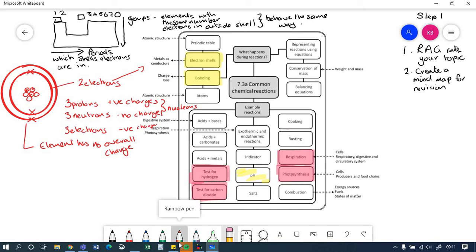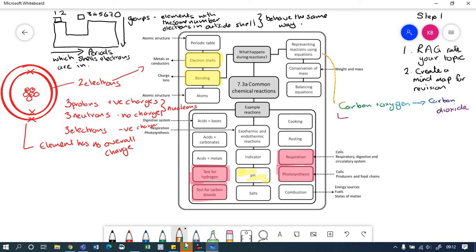I'm going to draw an arrow down here then. So I've got carbon plus oxygen goes to make carbon dioxide.